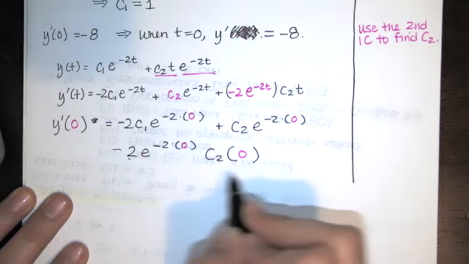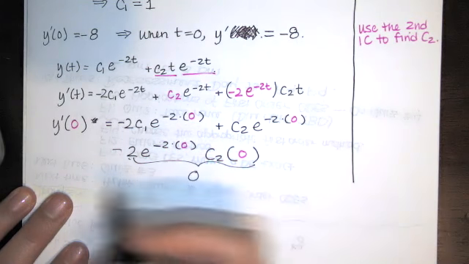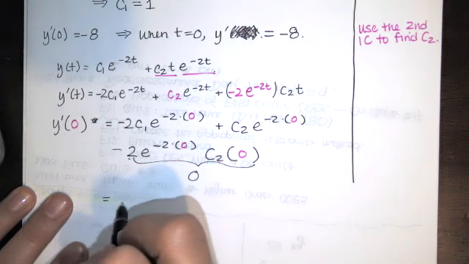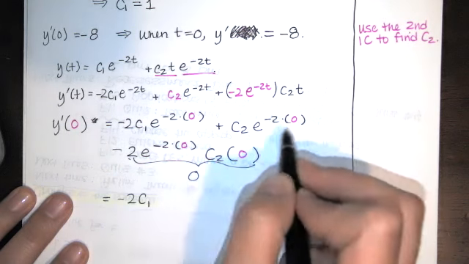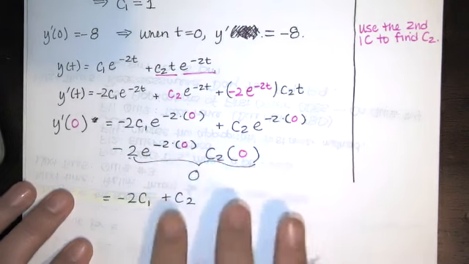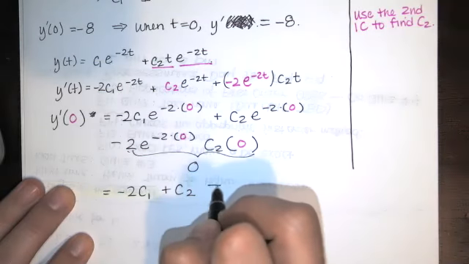This is a constant times 0, which is 0, so that piece is gone. And this is -2c1, and this is plus c2. And we're going to set that equal to -8.